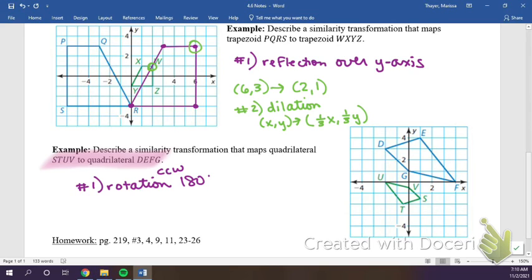When we rotate 180 degrees and I look at the small shape, my U is at (2, 0). My T is at like (1/2, 2). My S is at like (-1, 1.5). And then my V is at 0.5.